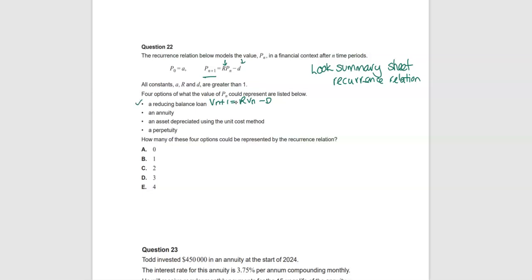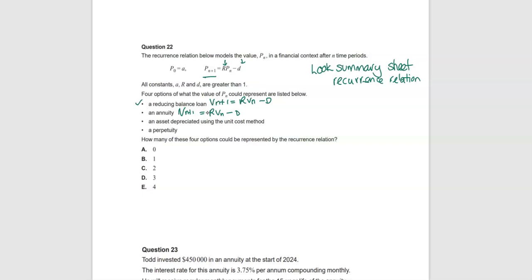If you look at annuity, so really that's the same. An annuity is you gain interest with that big R, and then you minus a payment. So that's the basic setup for a recurrence relation in annuity, and we've got that there.